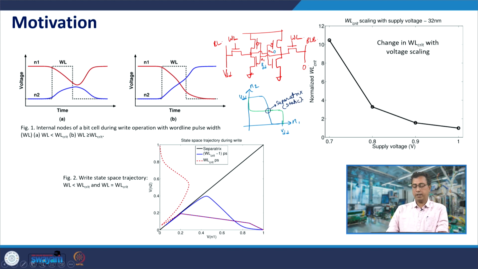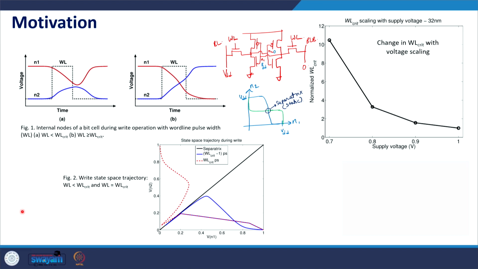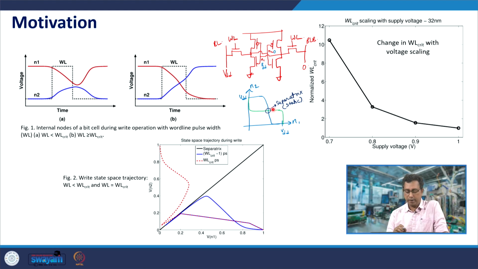In static transfer characteristics we see a metastability point which is also called the separatrix. The dynamic value could be a little different from the static value, nevertheless it is quite close to the static value. So, if that value is not crossed during the word line pulse, we can call this the word line pulse width.